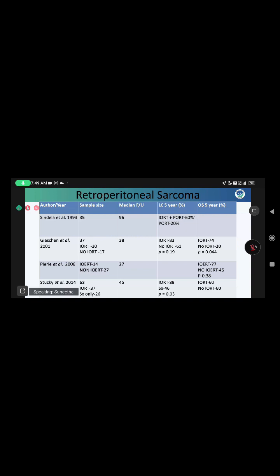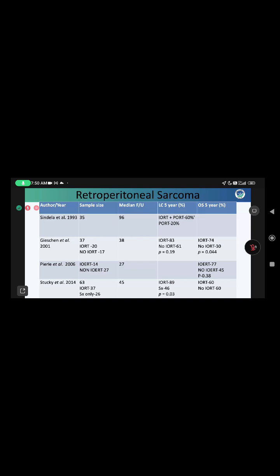We have to give a very high dose of radiation to the tumor, whereas as low radiation as possible to the critical structures. The tolerance of the bowel loops is only 50 gray, so we will not be able to escalate the dose more than 50 gray in these sites, especially retroperitoneal sarcomas and pancreatic tumors.